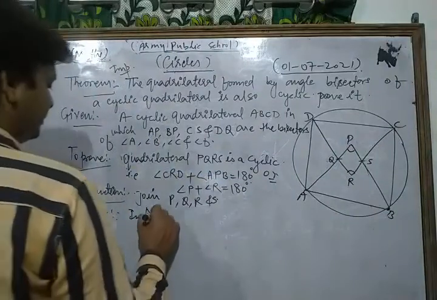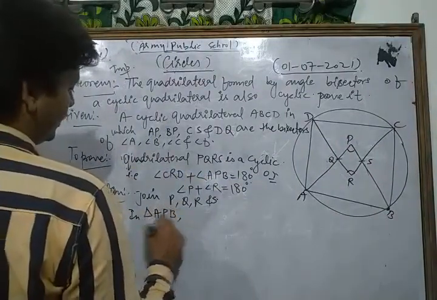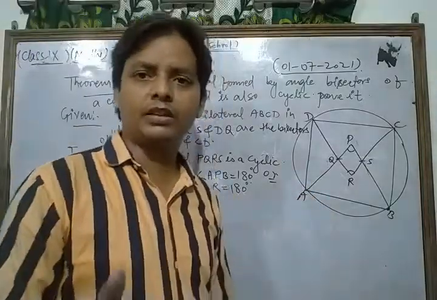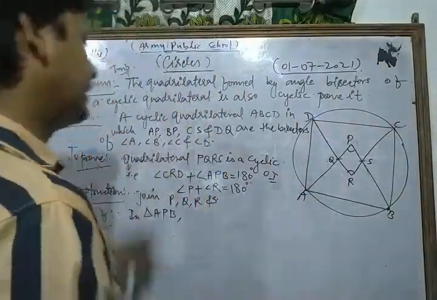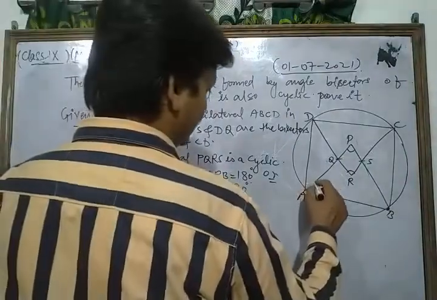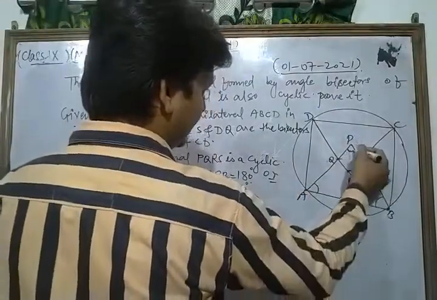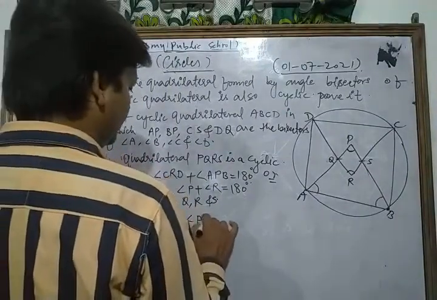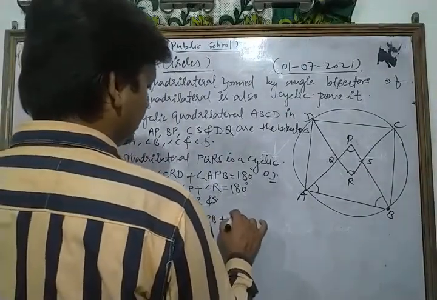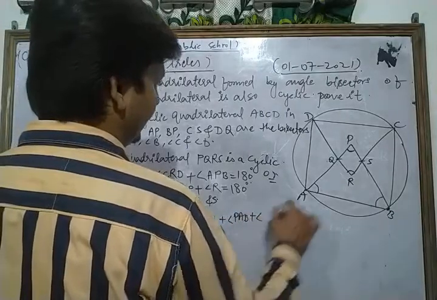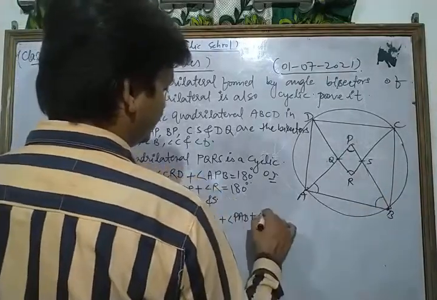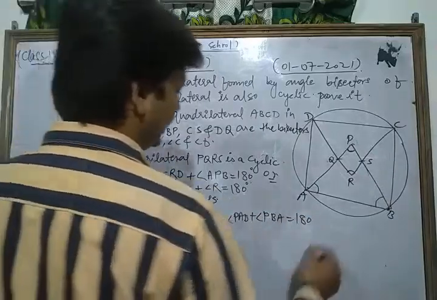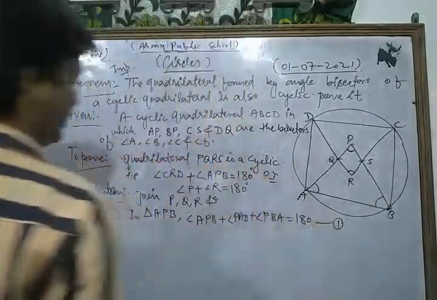In triangle APB, you know that the sum of all angles of a triangle is 180 degrees. So in triangle APB, angle APB plus angle PAB plus angle PBA is 180 degrees. Take this as equation number one.